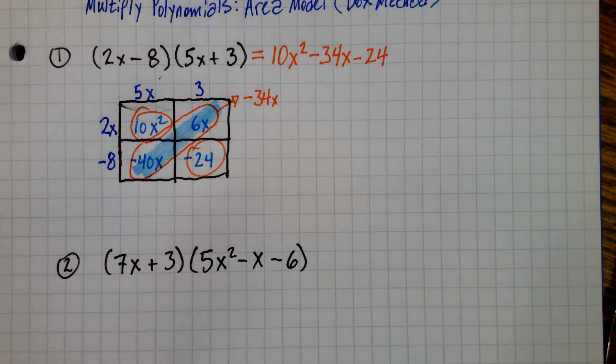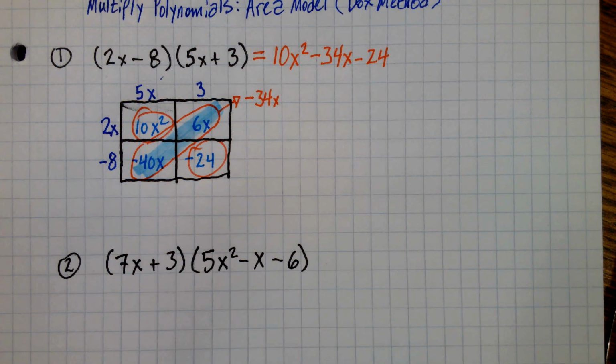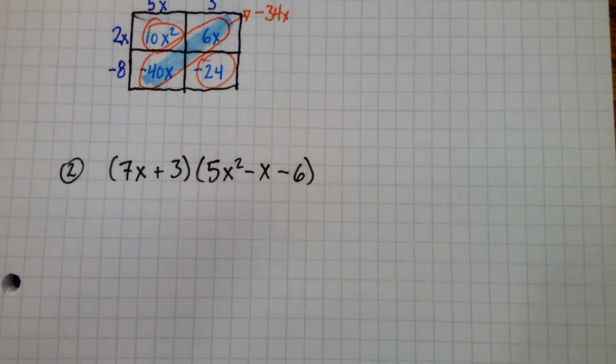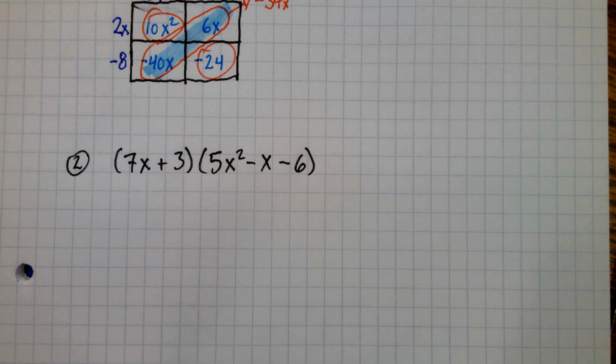There we go. Okay. So this one has a little more, right? This time we're multiplying a binomial times a trinomial. So that means our rectangle won't be so squarish. It's going to be a rectangle.